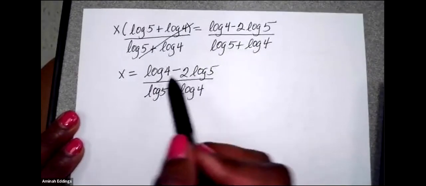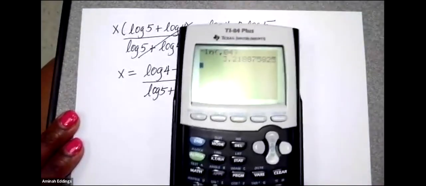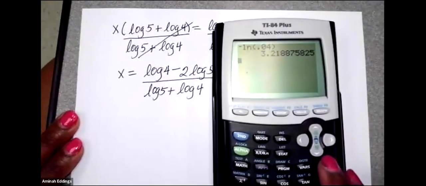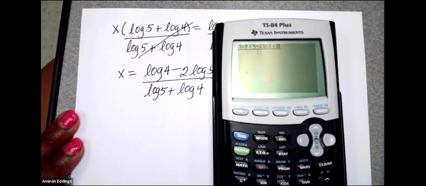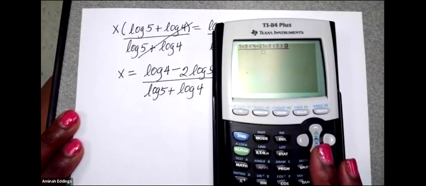And then we can put this in the calculator. Okay, so alpha y equals log 4 minus 2 log 5 divided by. Let me back up.